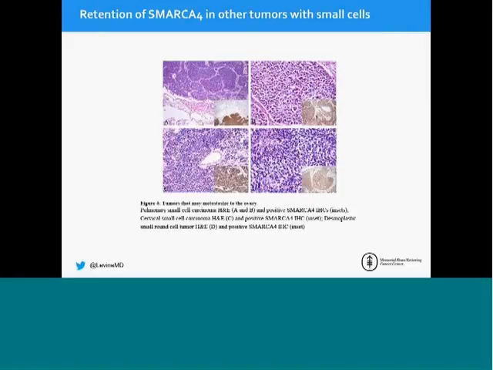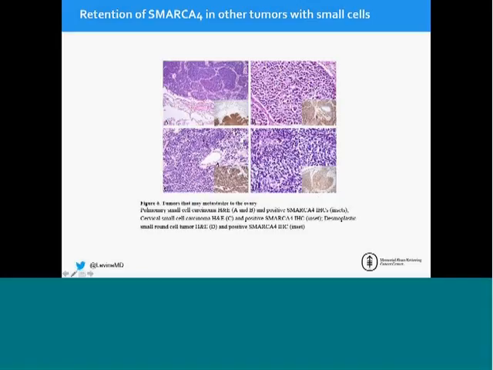This is an example of some mimics, and people always ask me, well, there's a small cell carcinoma of the lung, there's small cell carcinoma of the cervix. Is this the same as small cell carcinoma of the ovary? We never really thought it was the same, but these figures really show the tumors that are blue and purple, and this is the SMARCA4 expression.